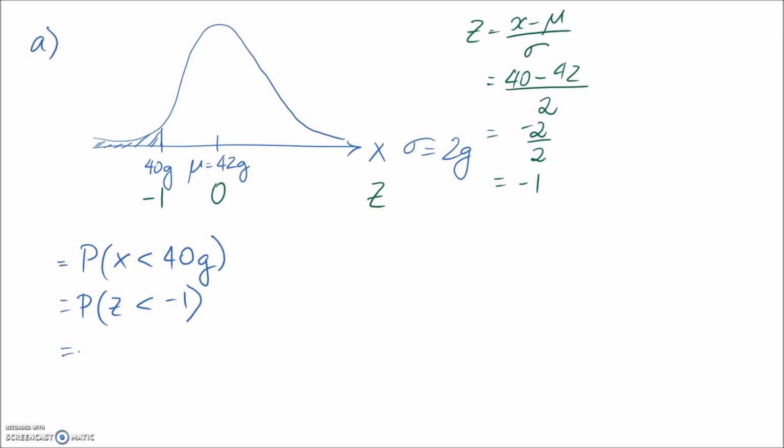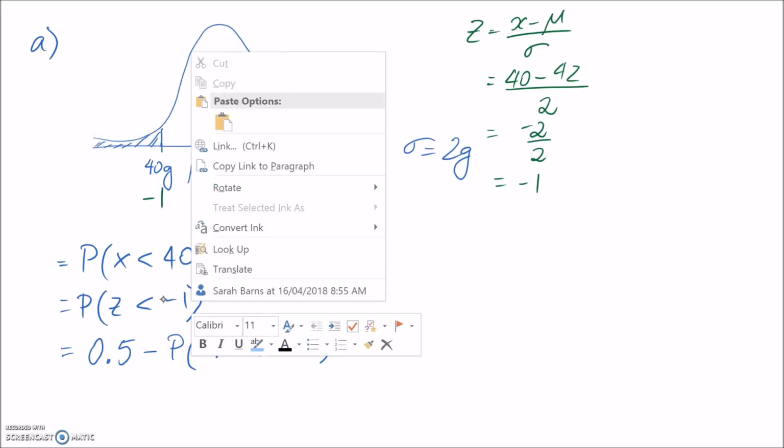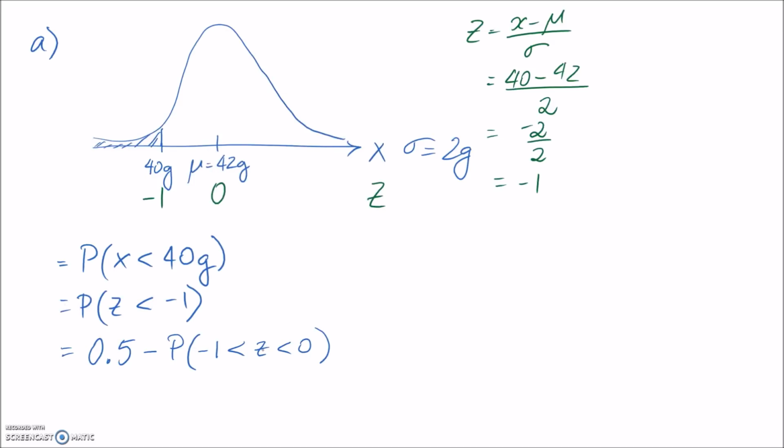So what I might do firstly is say this is equal to 0.5 minus the probability of our Z-score being between negative 1 and 0. So why I've done that, we know that 0.5 is the area under half of the curve, and then the probability from negative 1 to 0 for our Z value is this region in here. So if we take the 0.5 minus this bit, we're left with what we started with. So that's why these are equal.